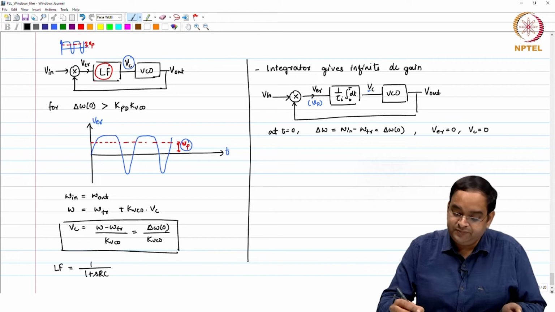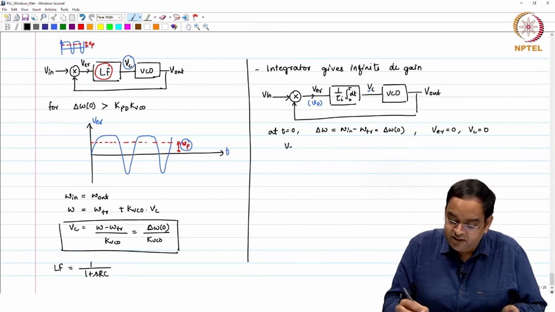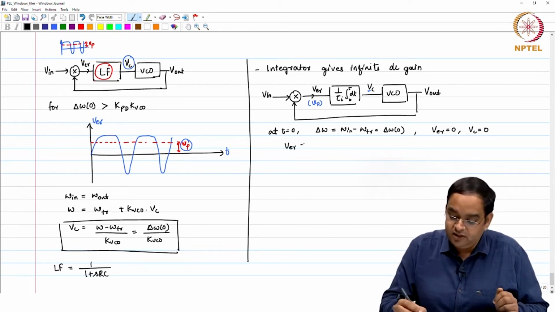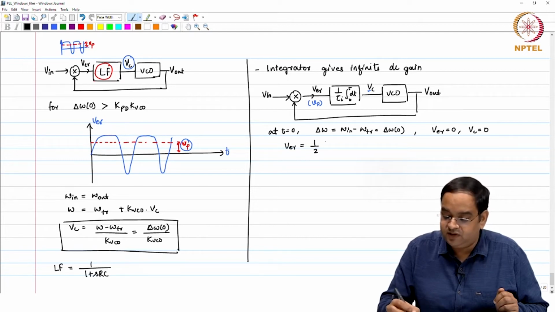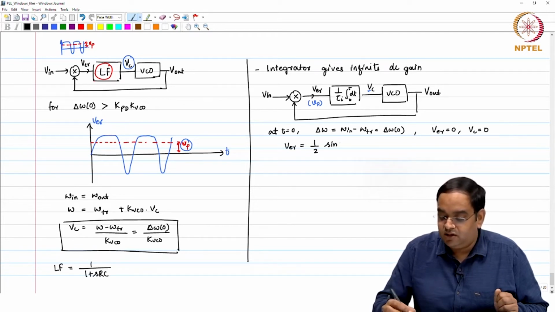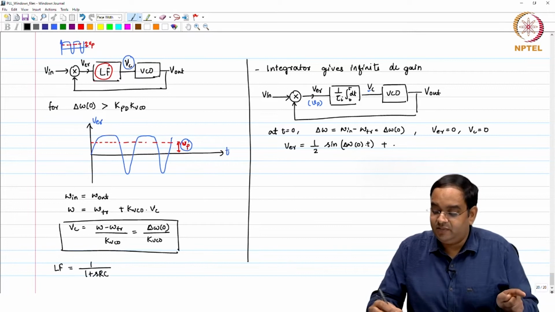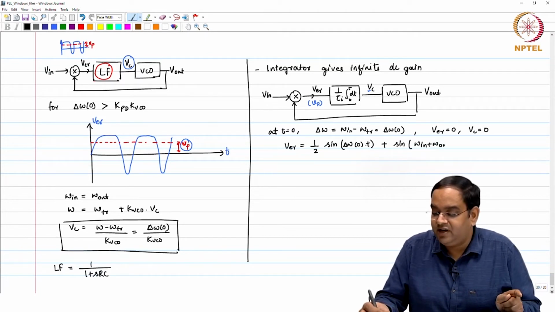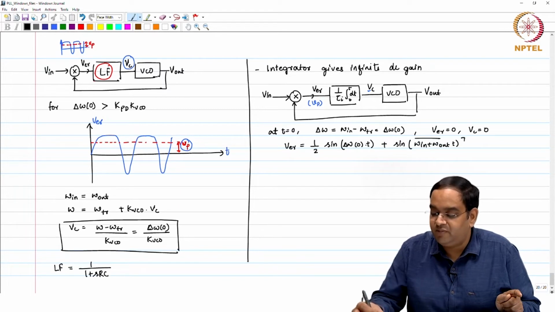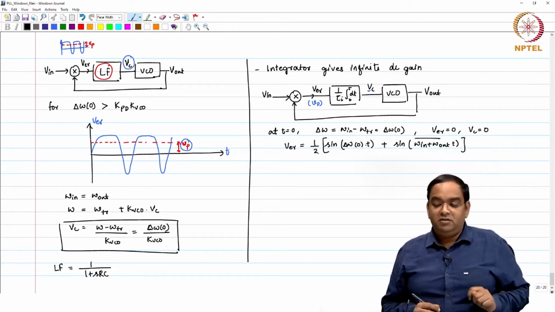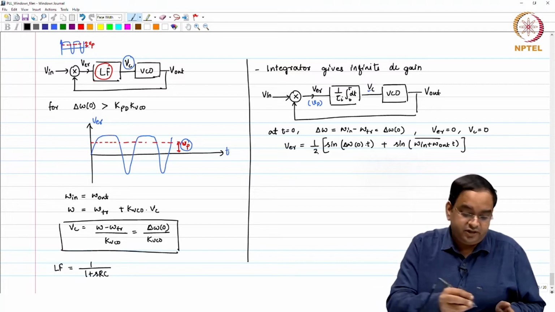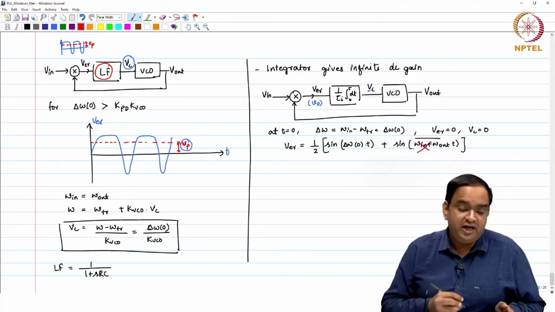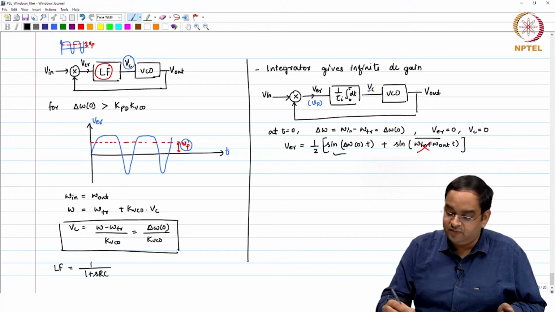What happens is that the V error voltage to begin with is nothing but half times sine of delta omega 0 times t. I am neglecting the other part which is sine of omega in plus omega out. This I have been neglecting, assuming it is going to be filtered by the loop filter or the integrator. So, this part is neglected for now, only this part remains.